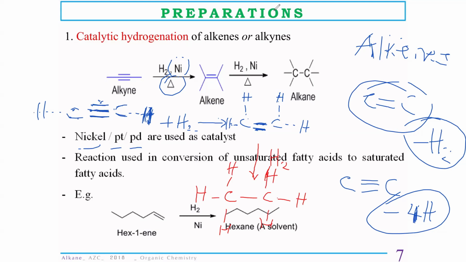Now there is no double bond, only single bonds. So the alkyne is converted to alkene, and then to alkane with single bonds. But across this process, you need to heat it and you need a catalyst, nickel, before you are able to get your final product.